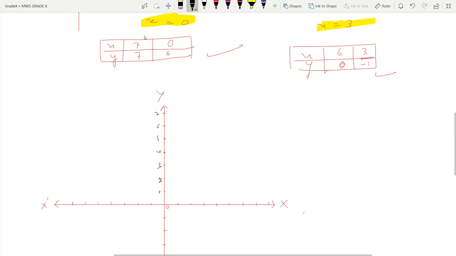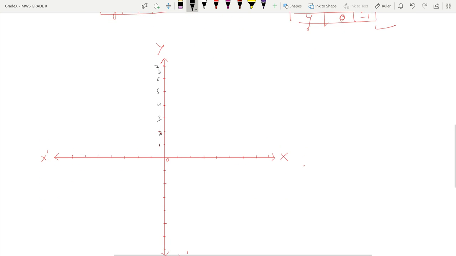Just look here, the highest value is 7, so I'm writing till 7. Then -1, -2, -3. If it is not required, you can draw till -3 or -4 in negative, but I am writing till -7: -1, -2, -3, -4, -5, -6, -7.